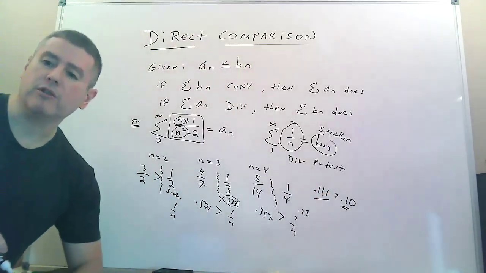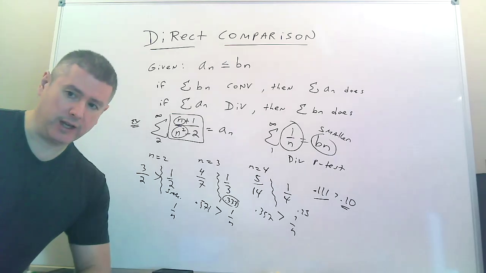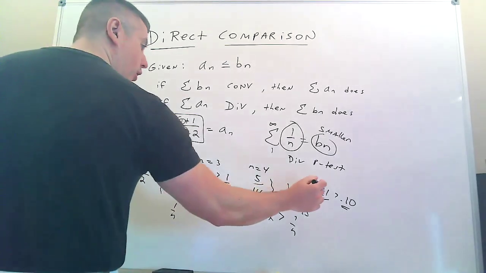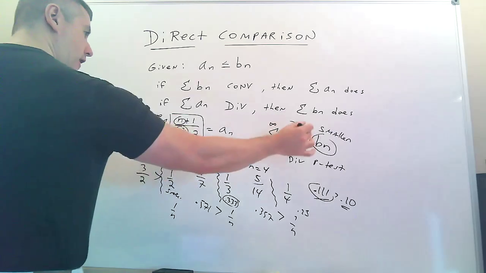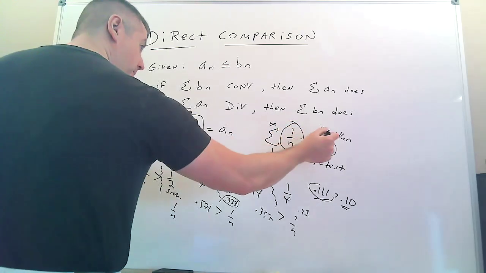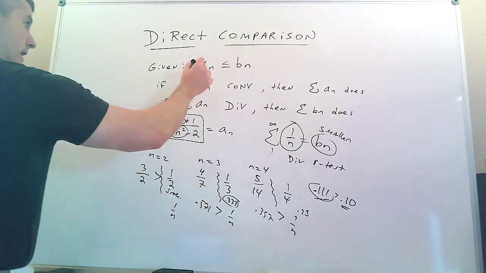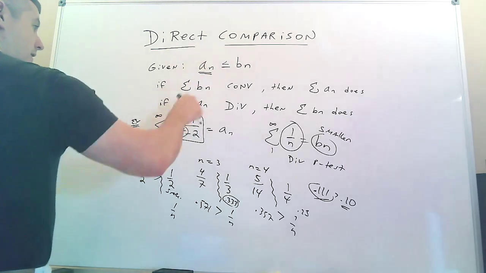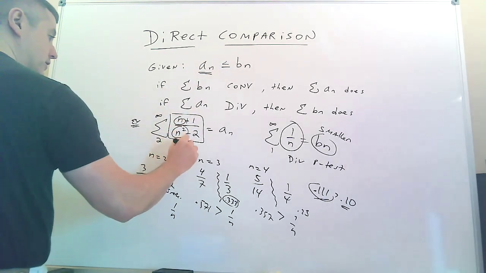The numbers will get really close together. That's the whole point. But these will always be slightly bigger than those. So since this one is smaller and it diverges, then it forces the bigger one to diverge.